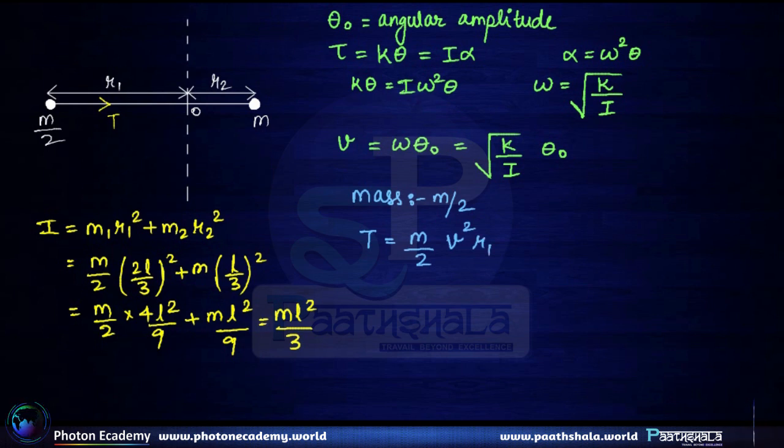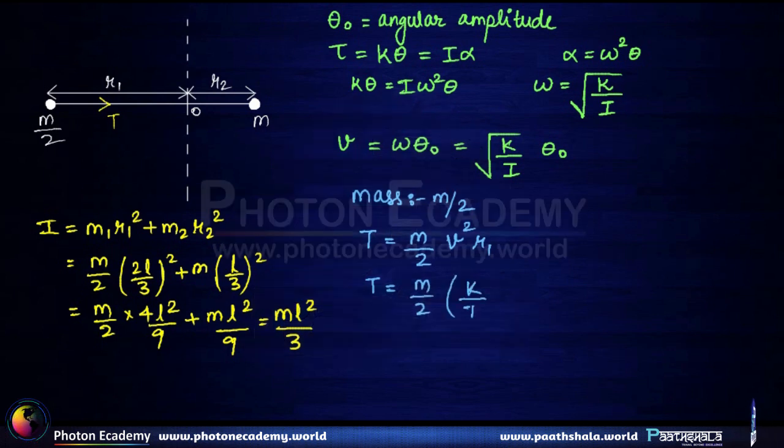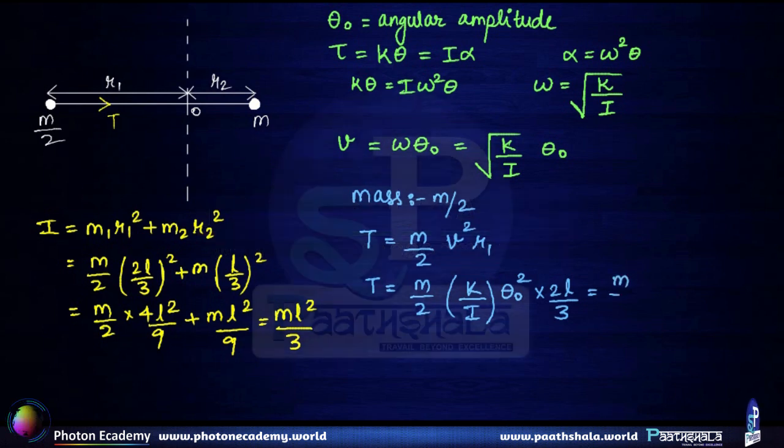Putting all the values, we get T equals m by 2 into k by I into theta naught square into 2L by 3, which will be m by 2 into k upon (mL square by 3) theta naught square into 2L by 3.